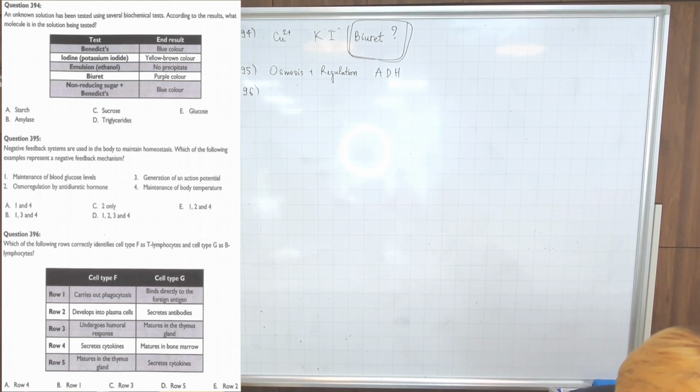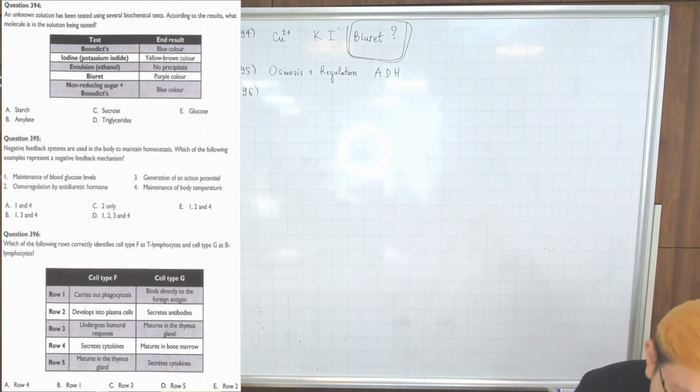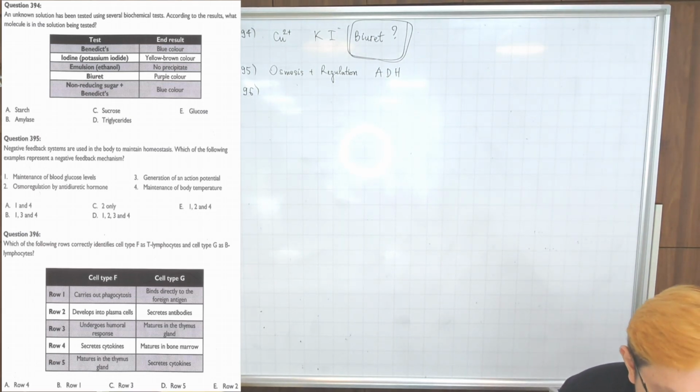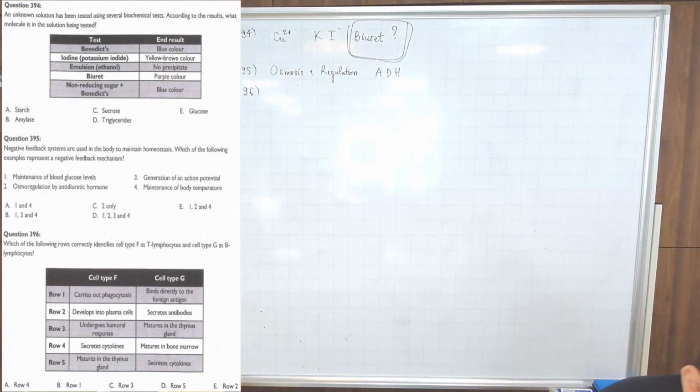Question 396. Which of the following rows correctly identifies cell type F as T lymphocyte and cell type G as B lymphocyte? B and T, okay? Bạch cầu lympho T hoặc lympho B nha. Cell type F carries out phagocytosis.